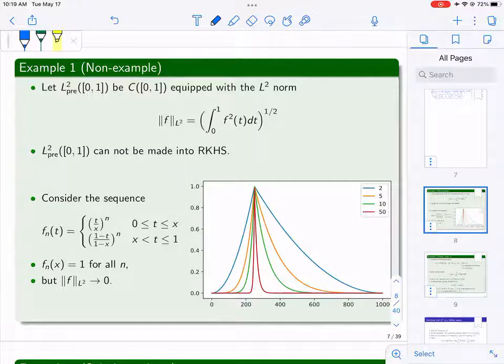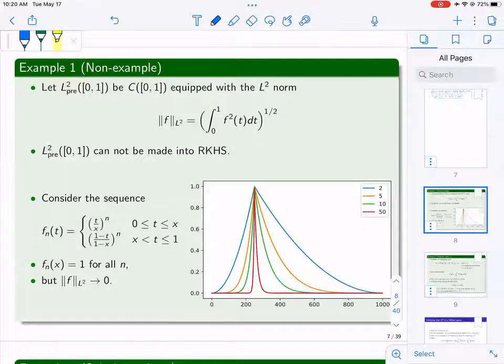We can also argue that this space is not complete. The completion would be identified with the L2; that's the measure theory achievement there. But let's ask: can we make it into an RKHS, or is the completion an RKHS? Is L2 basically an RKHS?